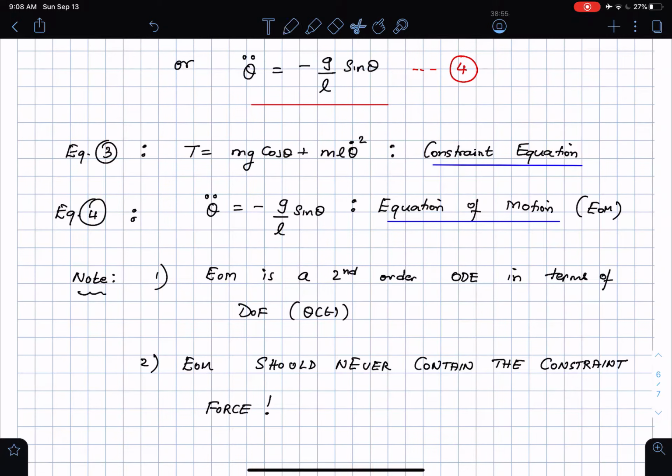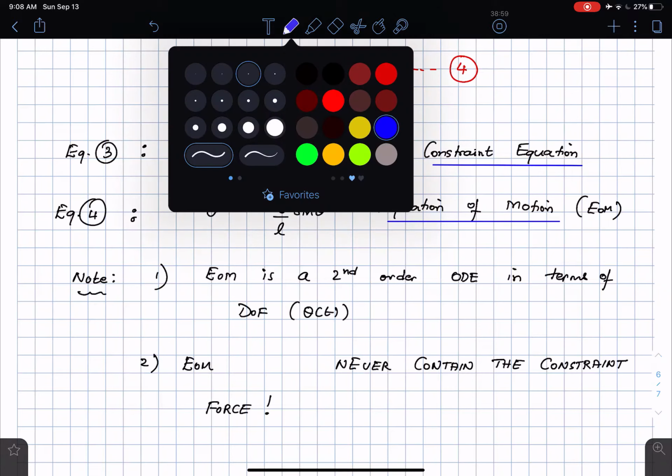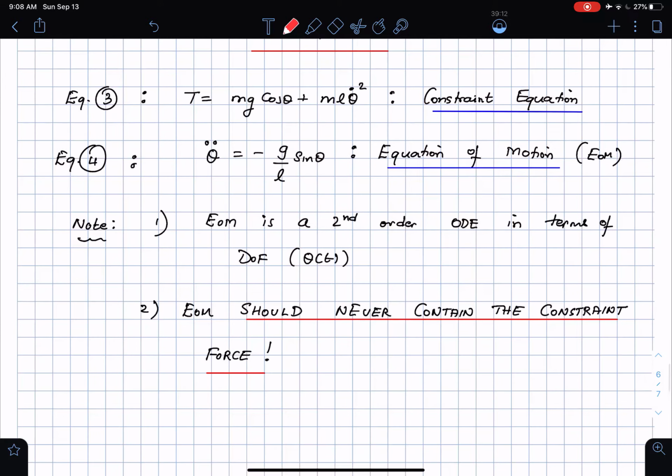My "should" doesn't look too great, so I'm going to rewrite that. It should never ever contain the constraint force in there. If you look at my equation of motion here, it does not contain the constraint force. The constraint force has its own equation here. So the equation of motion does not contain the constraint force.